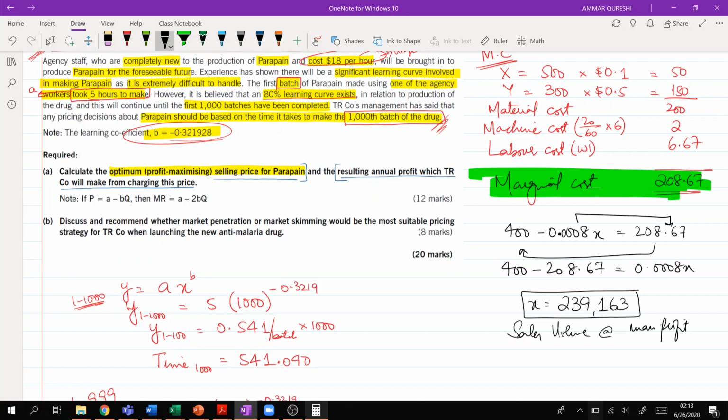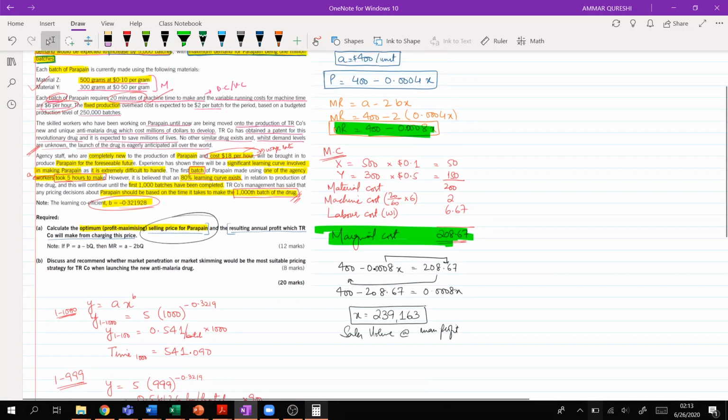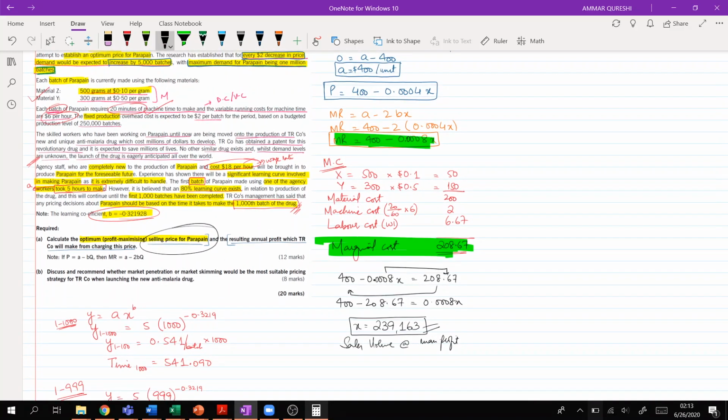Now we haven't calculated the selling price. The examiner has asked us to calculate the selling price. So how can we calculate the selling price? We have to put this figure in the price equation, right? So price equation is 400 minus 0.0004 of x.